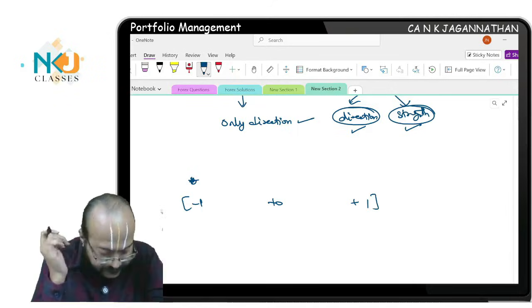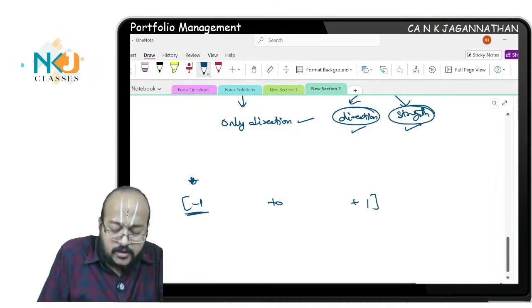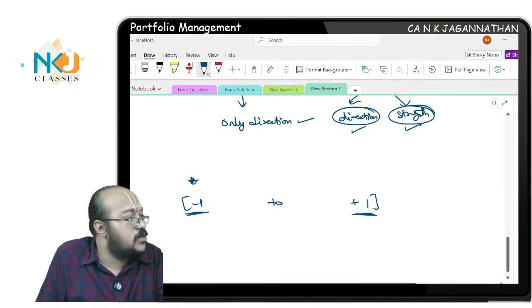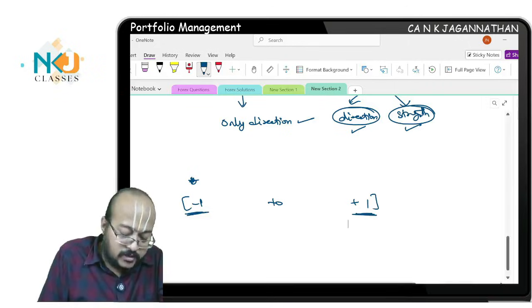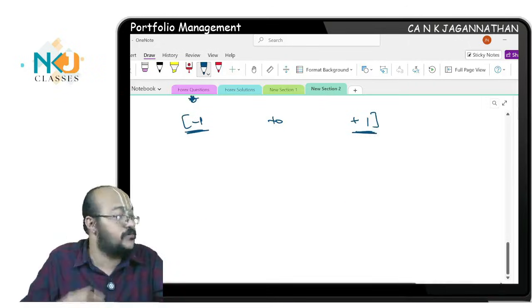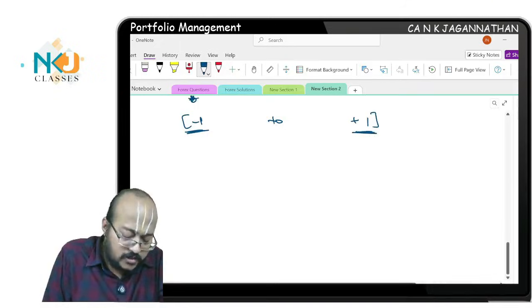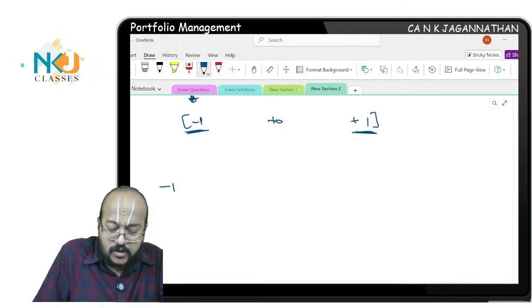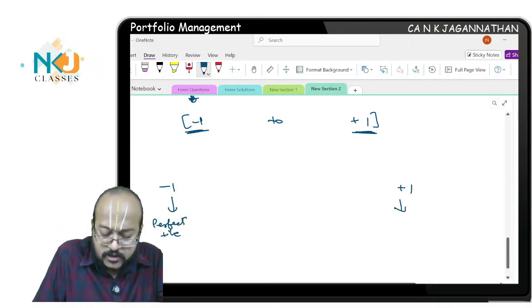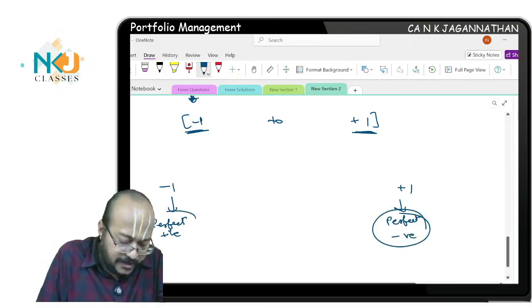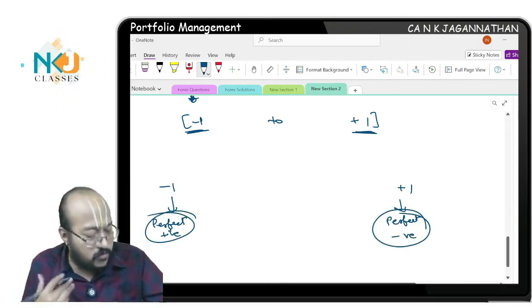The correlation number will be from -1 to +1, which means I have 5 different possibilities. It could be -1, it could be +1. These are extremes. This is perfect negative correlation, this is perfect positive correlation.